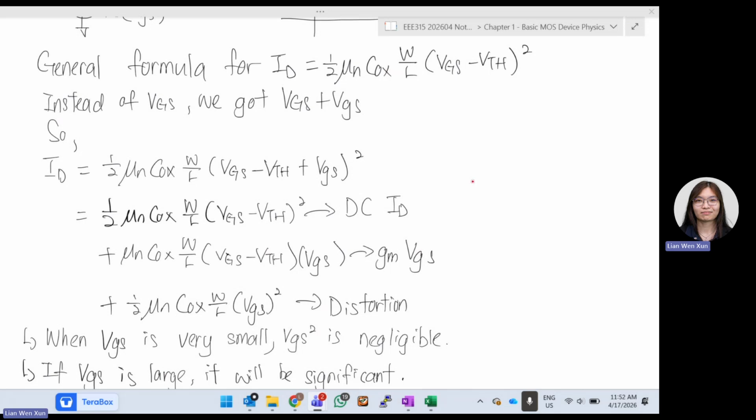You will have A squared plus 2AB plus B squared. The first one is your A squared, this is your A, and this is your B. Second, 2AB, 2 times half, A and B. And third is just the small vgs, B squared. So you get an equation like this now.